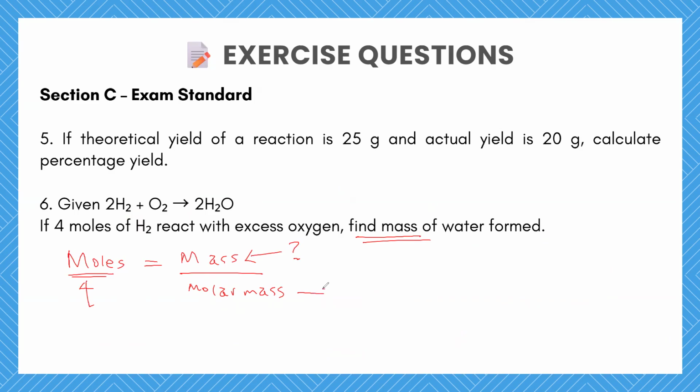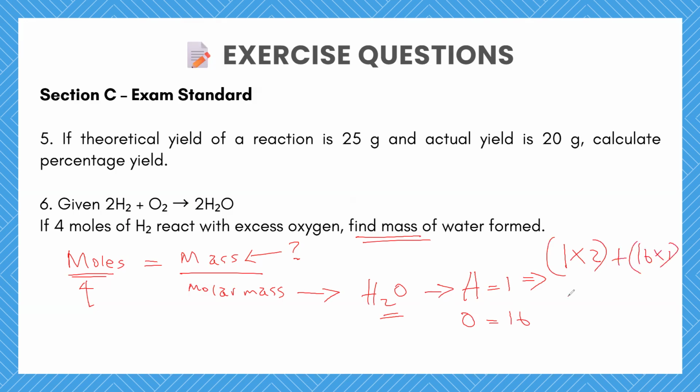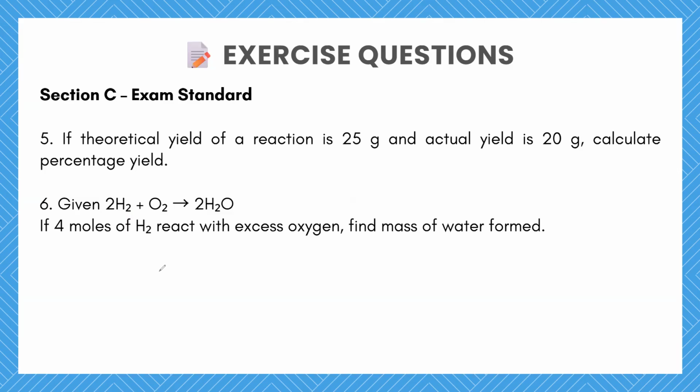The molar mass of water can be calculated easily, H2O, by adding the individual atomic masses together. Hydrogen is 1 and oxygen is 16. So therefore we have hydrogen, which is 1 multiplied by 2 because there are 2 atoms of hydrogen, plus oxygen, which is 16 multiplied by 1. Altogether, we have 18.